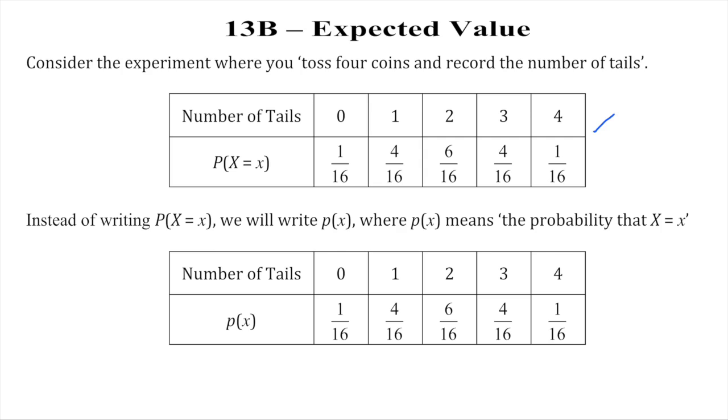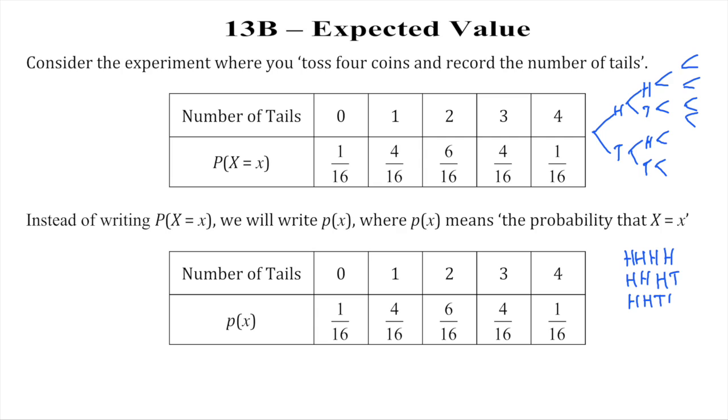We could have gone heads, tails, and then heads, tails, and you would have ended up with heads, heads, heads, heads, or heads, heads, heads, tails, or heads, heads, tails, heads, and you go through all of the different possible combinations. And with 4 coins, there's 2 to the power of 4, which is 16 different ways you could end up with answers. So that's what we're focusing on.